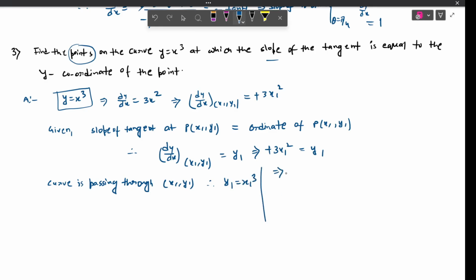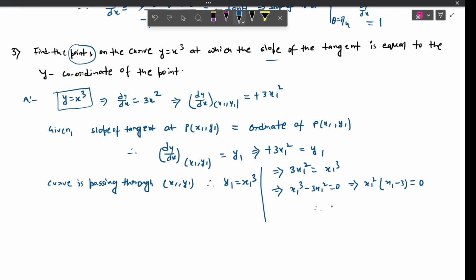So we can put it here: 3x1 square should be x1 cube. So x1 cube minus 3x1 square should be 0. This implies x1 square into x1 minus 3 should be 0.